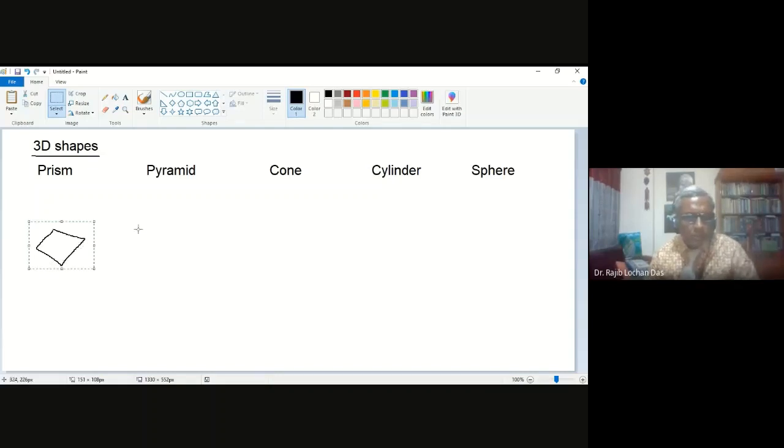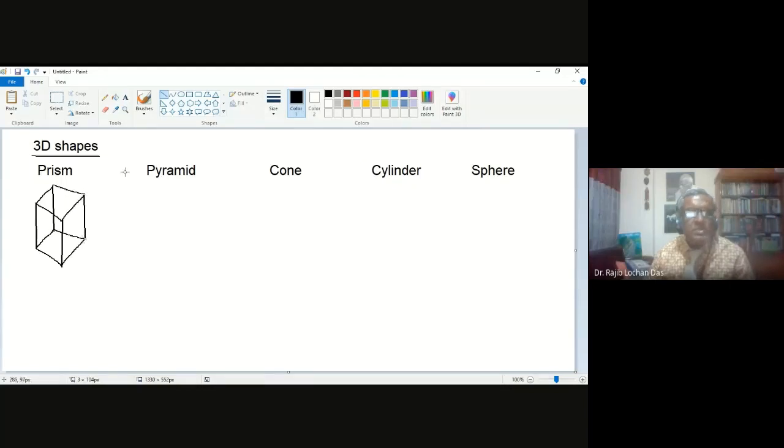So you have the same floor, same roof, and then all other lines are just joined together. So this is the line, and this is the line, and this is the line. So it is called prism.